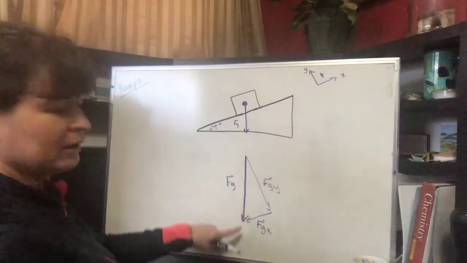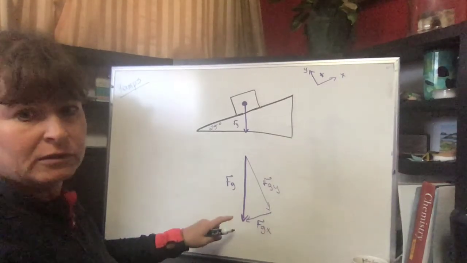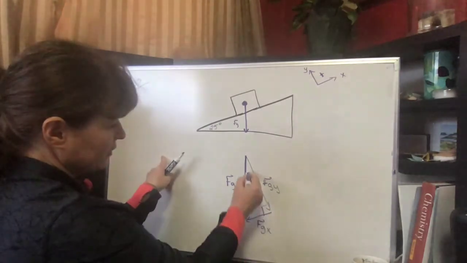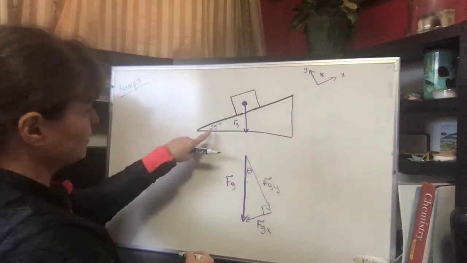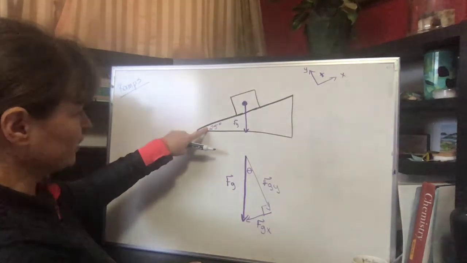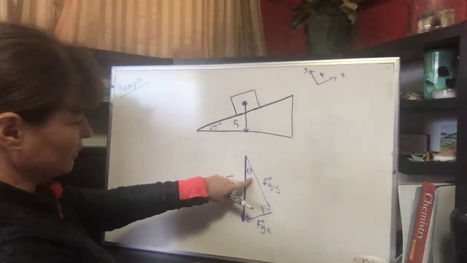Now you can see that we have created a right angle triangle here, and the interesting thing is this angle in here is going to be the same as this angle here. Okay, that's by basic geometry that we have that situation.